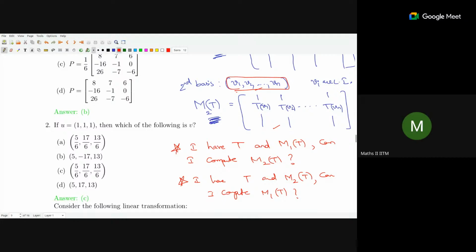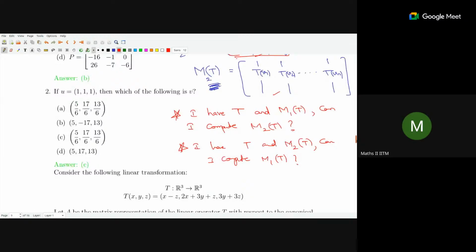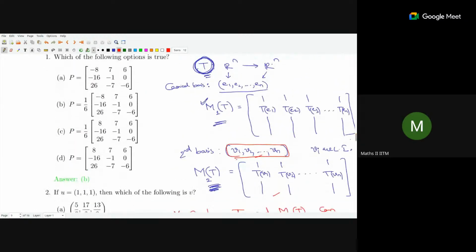Even the expressions are a bit time consuming to write down, but this is the idea. You are representing a linear operator with respect to one basis, and its matrix is something different, and with respect to another basis, its corresponding matrix will be something else.